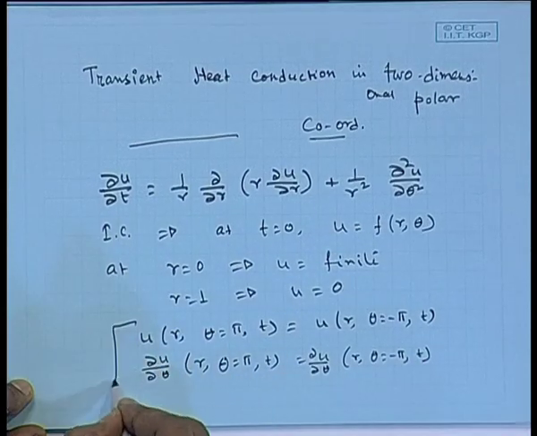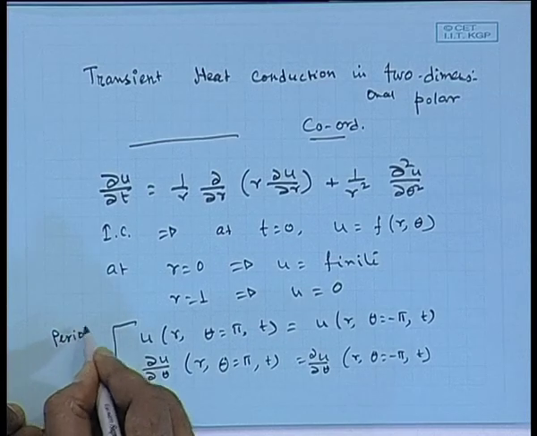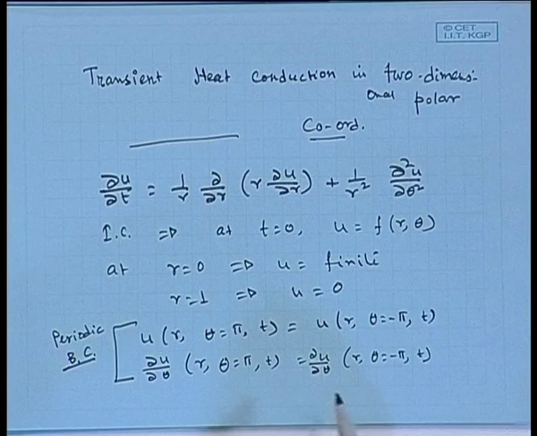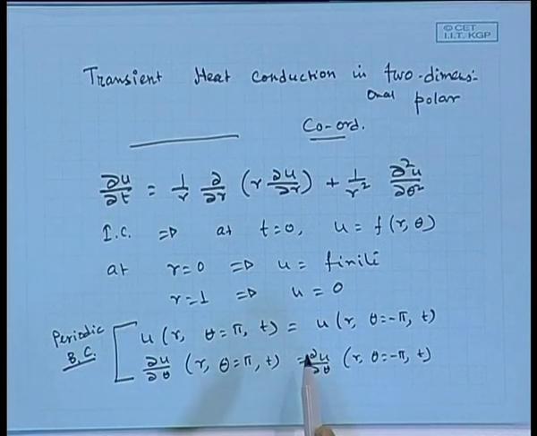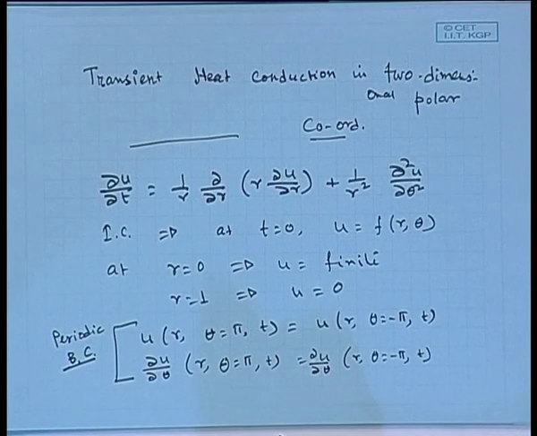These are known as the periodic boundary conditions. This says that the temperature is equal at theta equal to pi and theta equal to minus pi. That means they are periodic in theta. The gradient of temperature is periodic in theta.